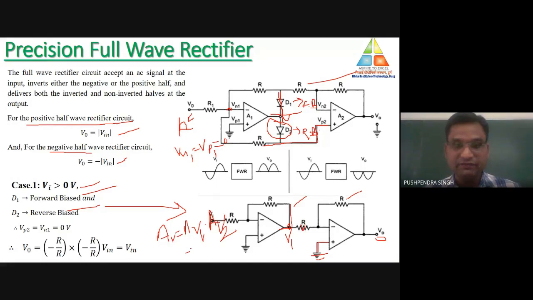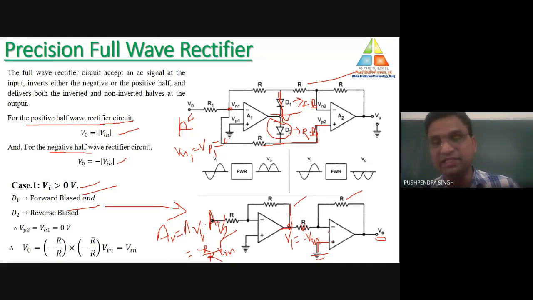So for AV1, the gain is minus R by R, and R and R cancel out. So V1 is equal to minus of Vin.